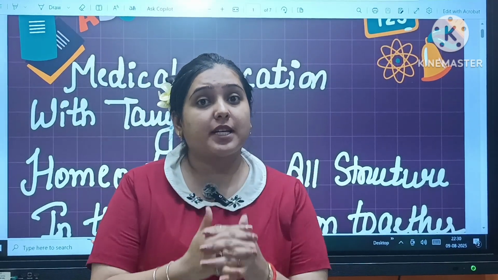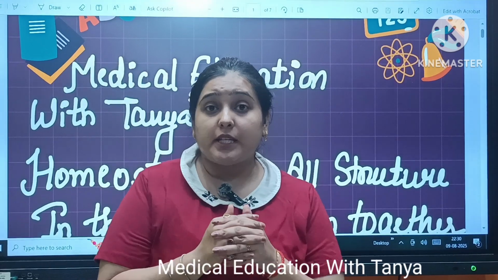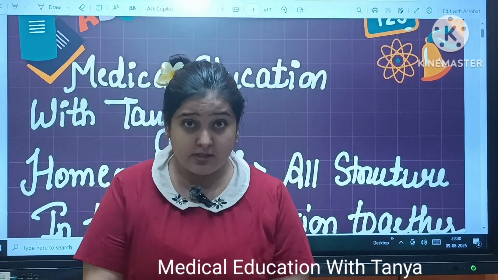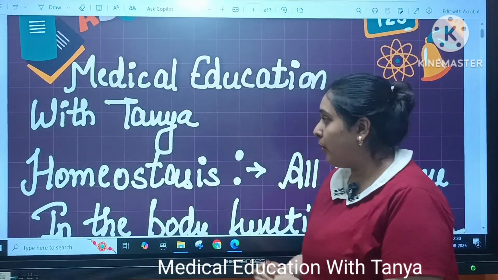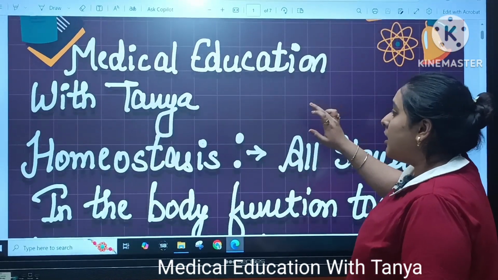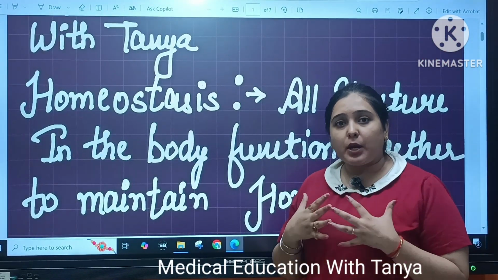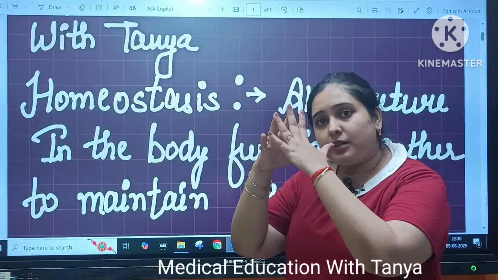Today we are going to discuss homeostasis. As we all know the name of homeostasis, what does it mean, we will understand in brief. First of all, homeostasis is a process by which our body maintains or regulates its temperature according to the external factors.